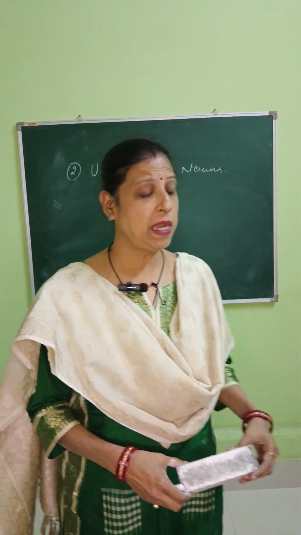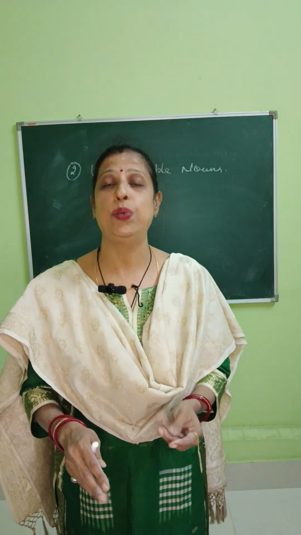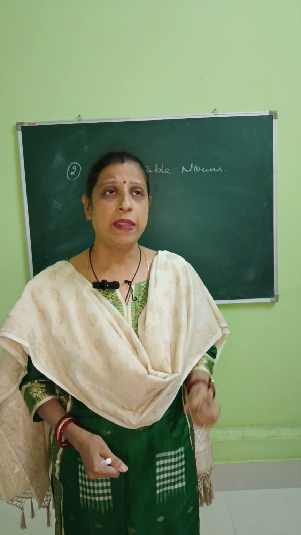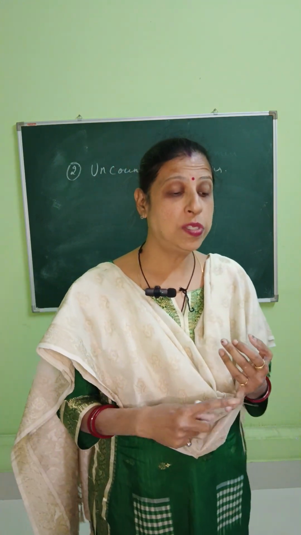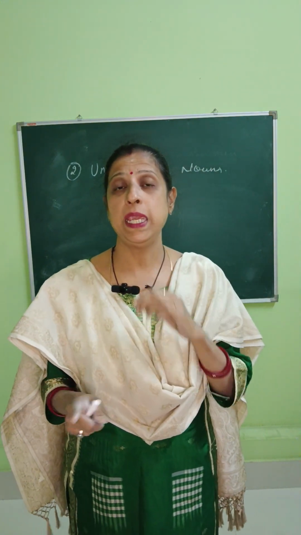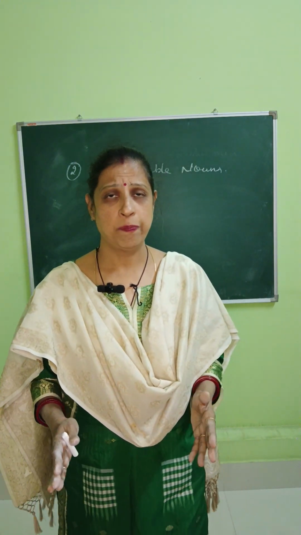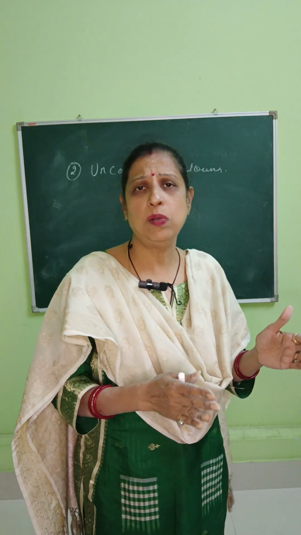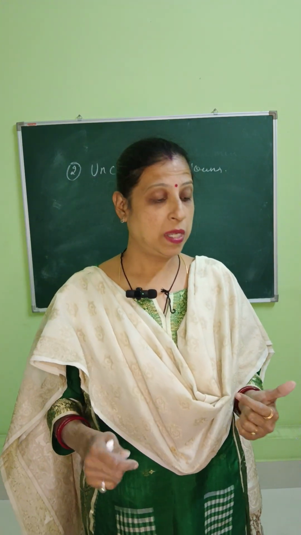Now in my last class I had already told you and explained to you that uncountable nouns are those nouns which cannot be counted, and countable nouns are those nouns which can be counted.